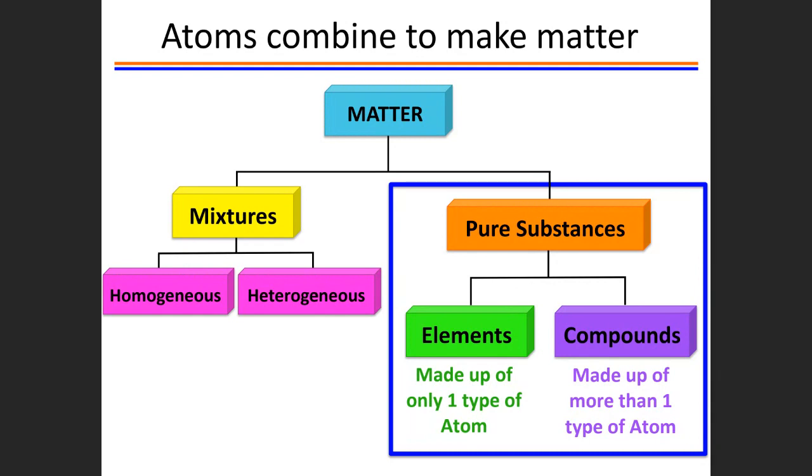If it is miscible and we cannot see anything, a one-phase system, then it is called a homogeneous mixture. Heterogeneous mixtures are mainly not miscible, not one phase; it can be two phase, three phase. For example, oil and water, or seawater. There are so many.